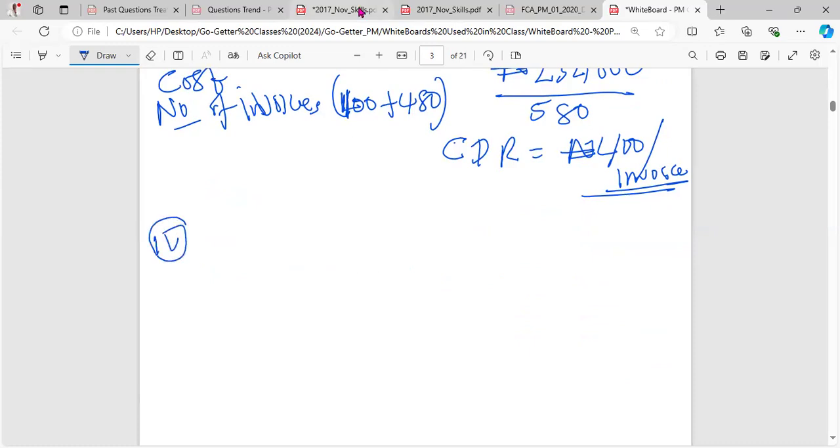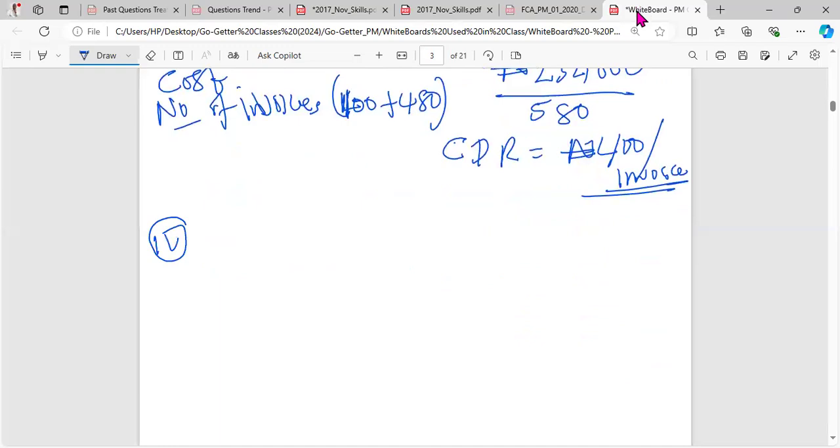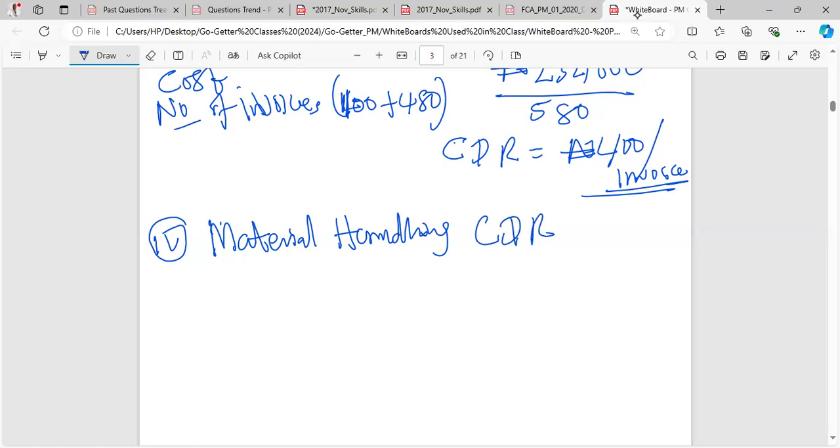What are we asked to find? Material handling costs. Material handling cost driver rate.